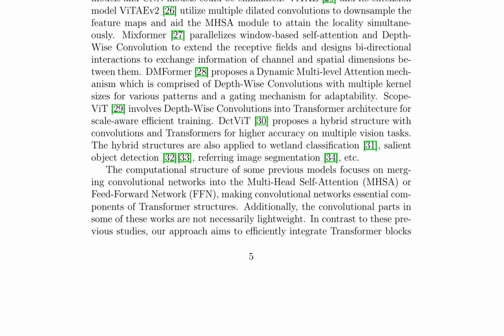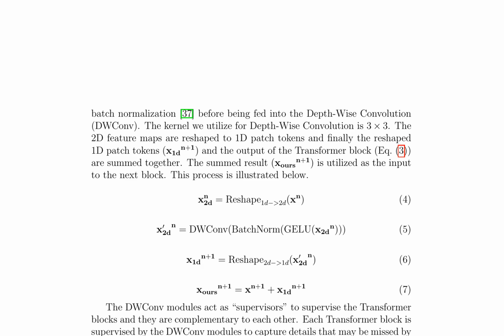with minimal computational overhead. The proposed architecture integrates DW-Conv into Vision Transformer (ViT) models, allowing it to capture local details that may be missed by the transformer. The DW-Conv module bypasses the entire transformer block, reshaping 1D image patch tokens to 2D feature maps, applying batch normalization and GELU activation, and performing depth-wise convolution with a 3x3 kernel.